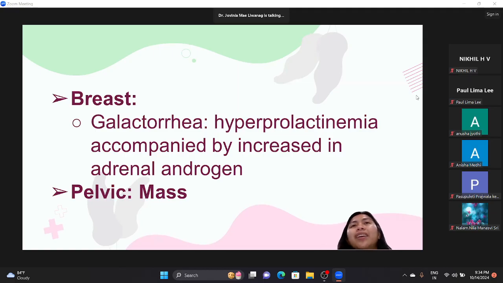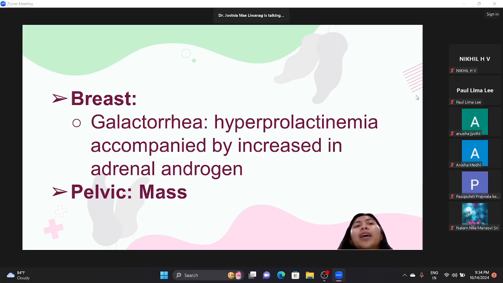Usually the female will produce milk normally when the patient is pregnant or lactating. In galactorrhea, there's hyperprolactinemia, excess prolactin production, which is also accompanied by adrenal androgen. So you will also assess that one.